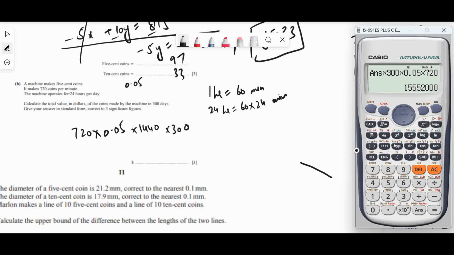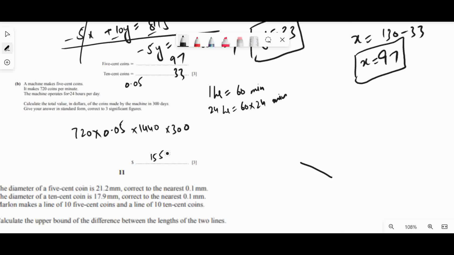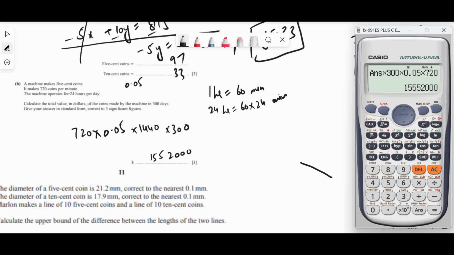So this will be equal to 1,555,200. Okay, now they are saying to give your answer in standard form correct to three significant figures.